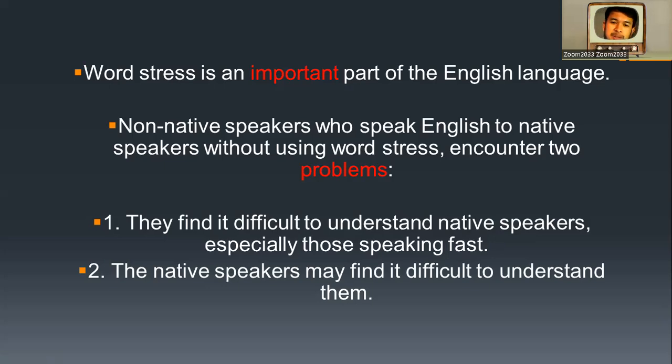Second, native speakers may find it difficult to understand us. As speakers it is difficult for us, and our hearers would find it very difficult to understand our sentences.